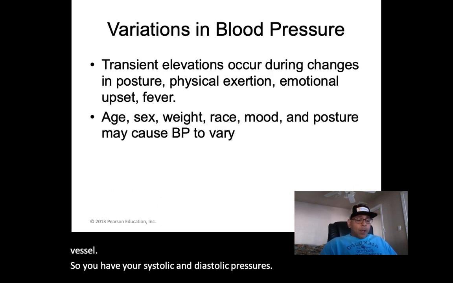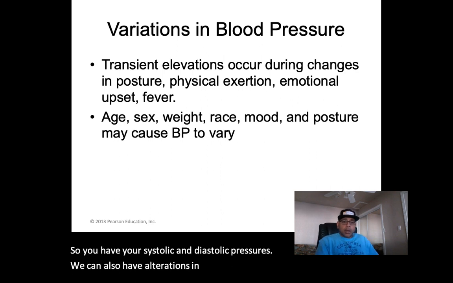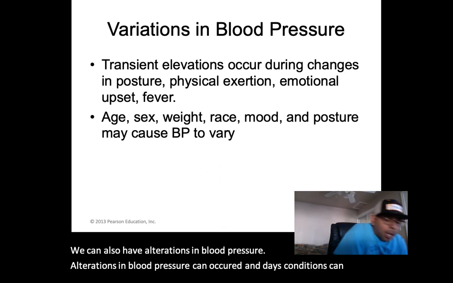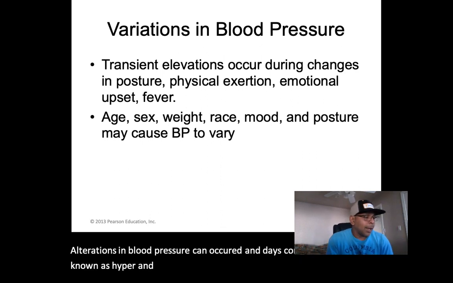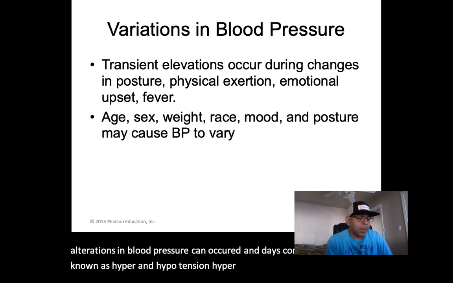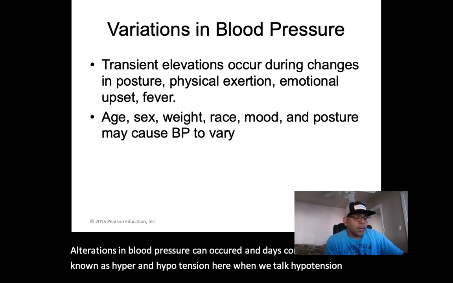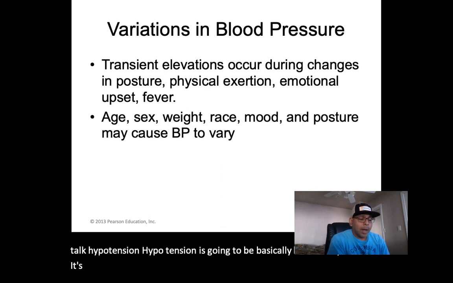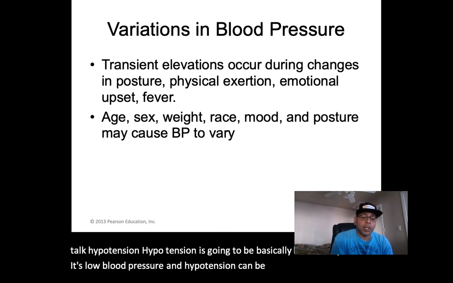We can also have alterations in blood pressure. Alterations in blood pressure can occur, and these conditions are known as hypertension and hypotension. Hypotension is basically low blood pressure, and it can be dangerous if blood pressure is too low.